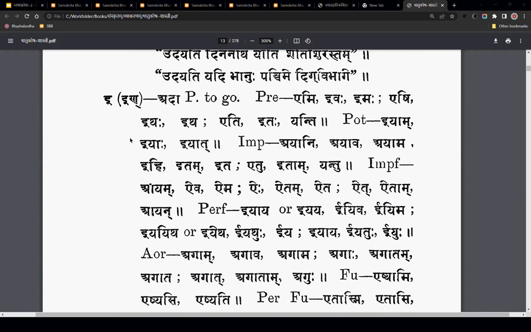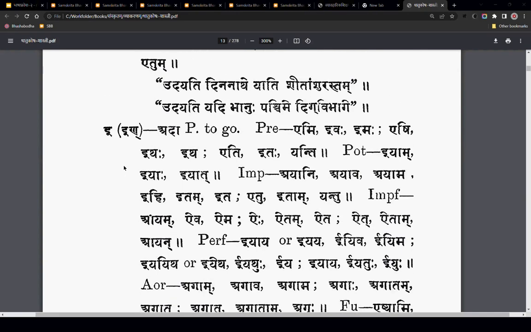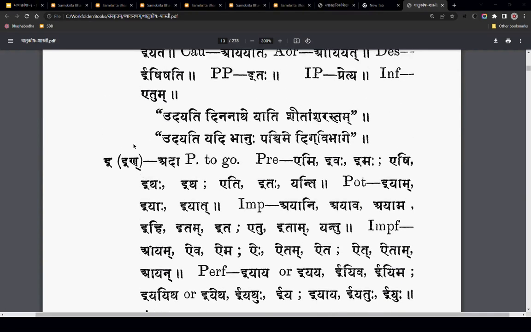But there is another dhatu, same as e, in the bracket it is in. This is the dhatu form which Panini has given. In dhatu, it changes to e, and then it finally changes its form in different lakaras. Eti, itah, yanti, eti.